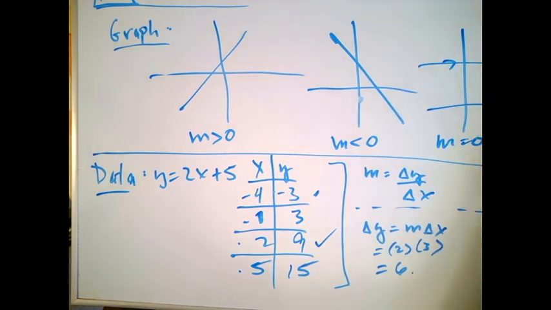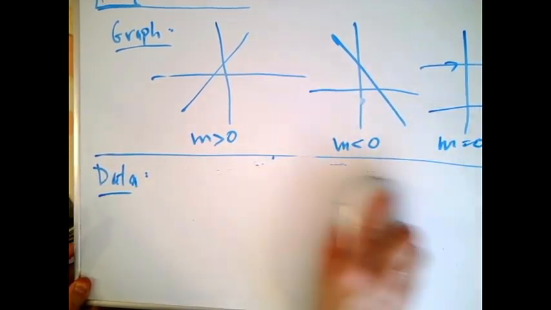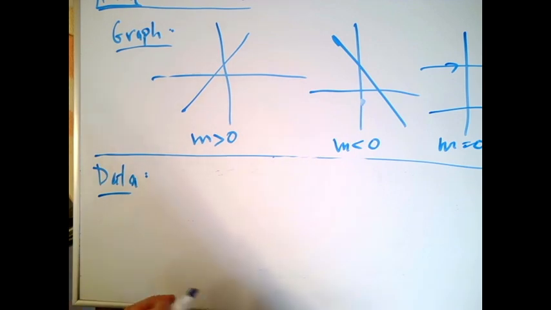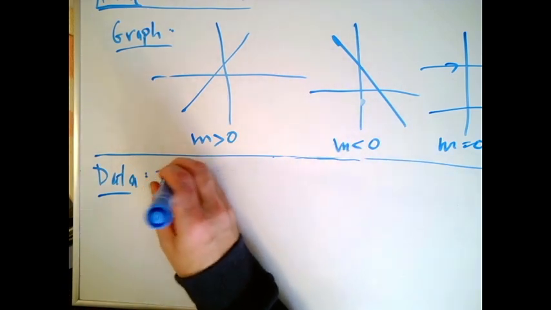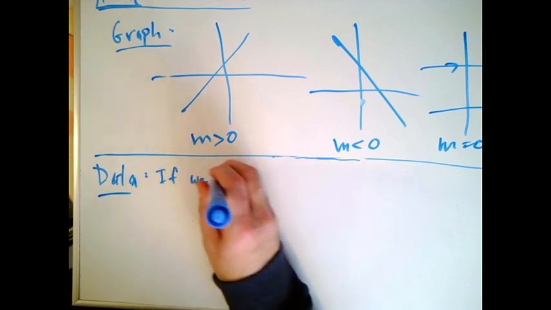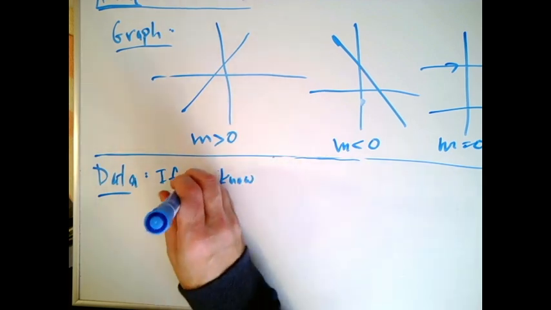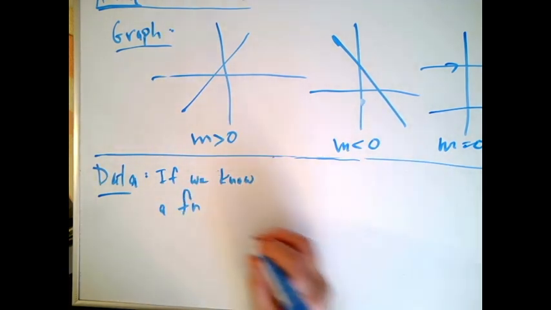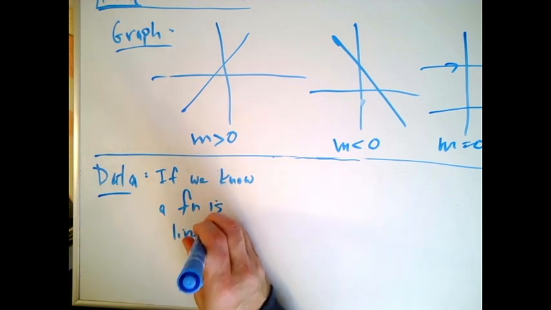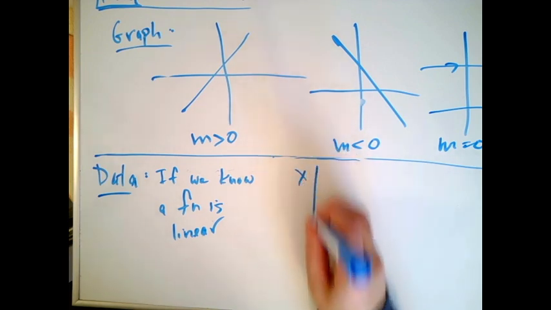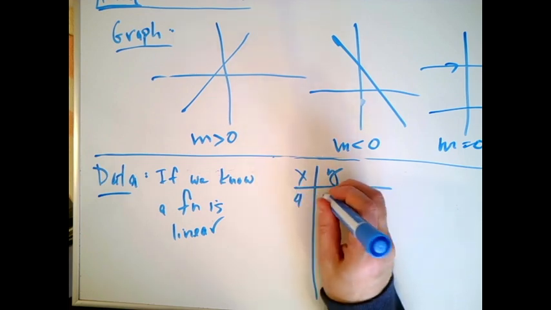Another way that this gets used with data and linear functions, and this goes even quicker, and we don't actually need the equation for it. If we know a function is linear, and they just give us 2 points, and it really doesn't matter what, I'll have it going forward.